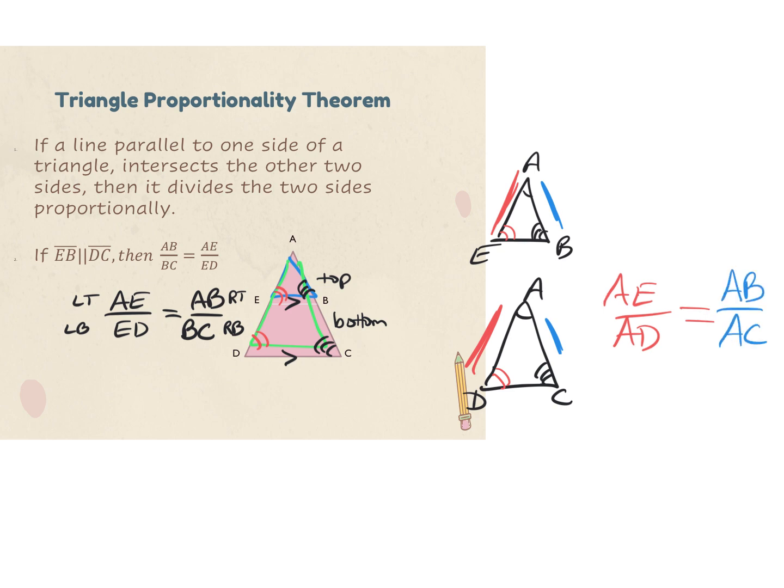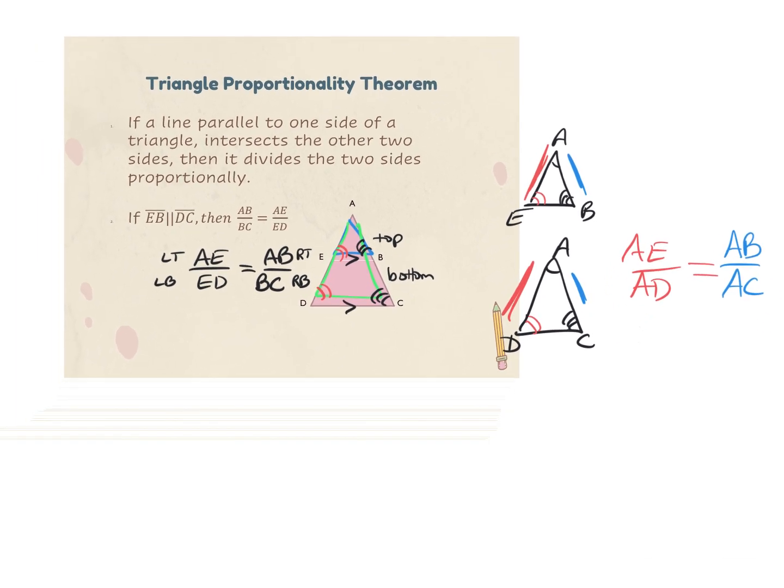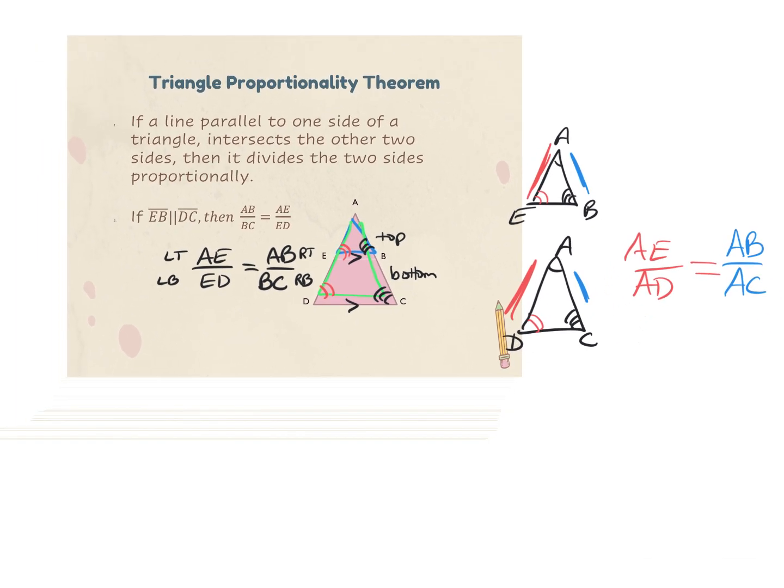Either way, you can go back and reach back. But I think it's a lot easier if you just use this triangle proportionality theorem and just do the top piece over the bottom piece. Again, you could go side to side as well. But again, I would pick one method and stay consistent.